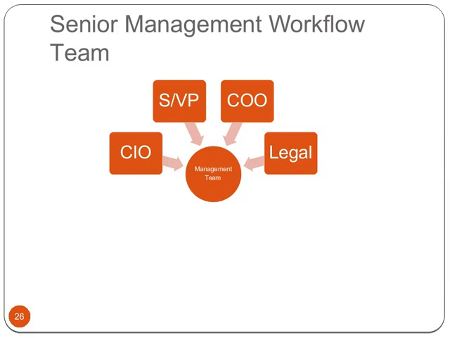But for the management team, you need Chief Information Officer input. You need the Senior VP input from the group that's looking at doing the automation. You need operational input, and you need legal input. And those folks have to be on board and know that this process redesign, this process automation is going on, so that you're not waiting months to get an SVP to sign off on a change you want to do.